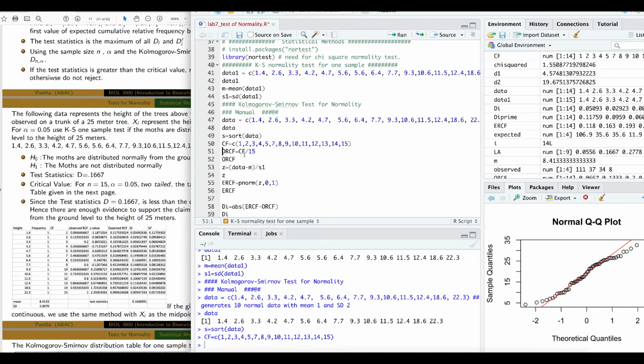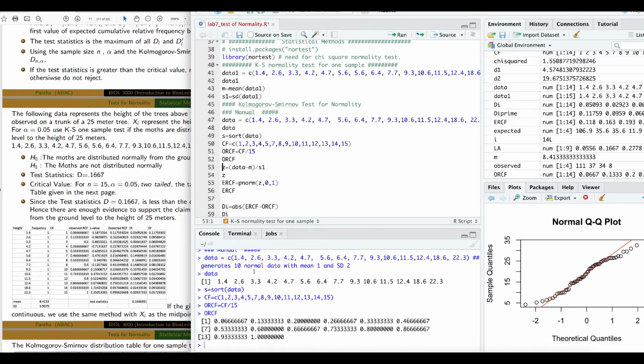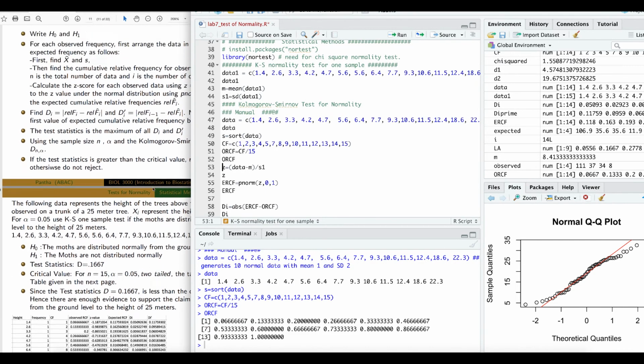So how do I find the observed relative cumulative frequency? You just divide the cumulative frequency by the total number of data points, that is 15, right? That's the observed cumulative frequency. Now to find the G value, you compute x minus x bar over S, that's the formula.